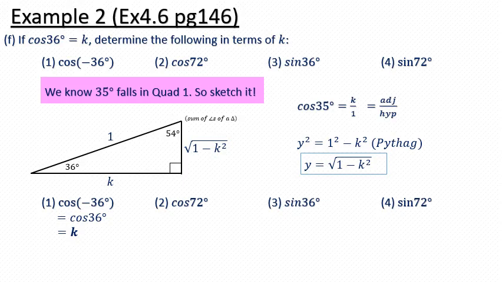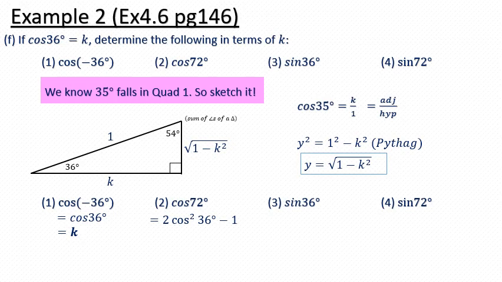Number 2, cos 72 degrees. Your brain needs to make the link between 36 and 72 and go, aha, double angle identities. I'm choosing one of the 3 options for cos's double angle identities, and the one I'm choosing is the one that links up with cos 36.